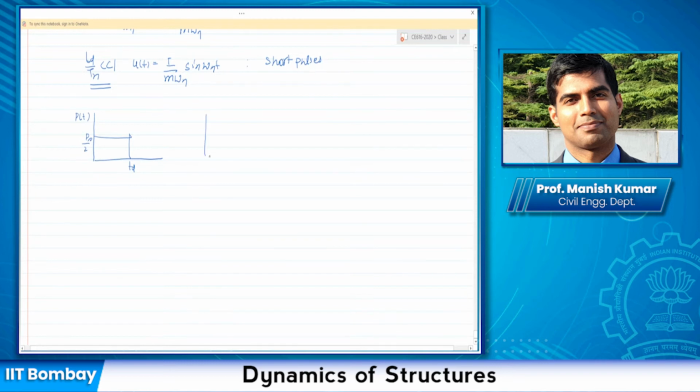And then for the sine pulse, I'm going to consider this as pi P naught by 4, and this is TD. And this one is P naught by TD. Now, if you try to calculate the area for all 3 of these, this would be half P naught TD, this would be half P naught TD, and this would again be pi P naught by 4 times TD.